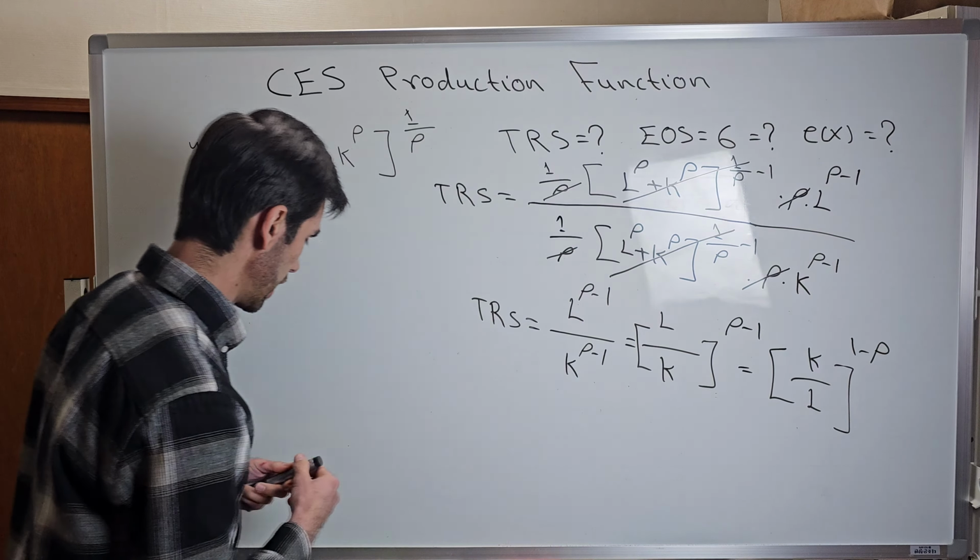In this case, because we didn't consider the negative sign in the technical rate of substitution from the beginning, we work with the absolute value, so we don't need to add the absolute value sign here.